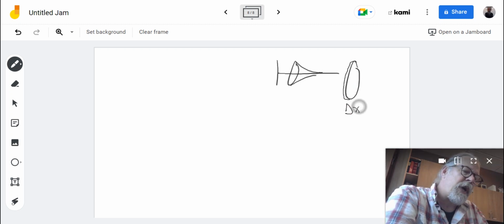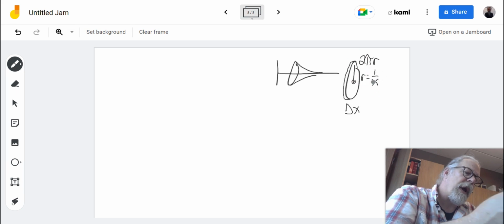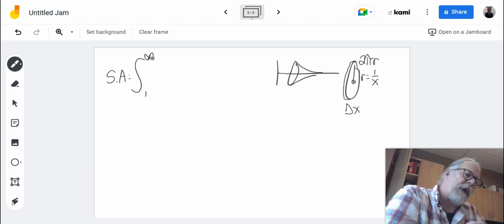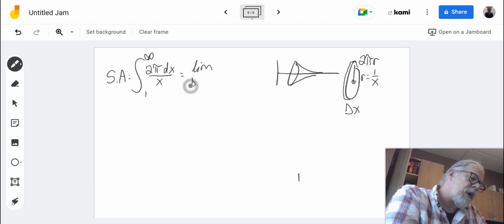I still have a change in x, but the surface area of this disk is 2 pi r, where r is equal to 1 over x, which means that the surface area is the integral from 1 to infinity of 2 pi dx over x. And when I change that to an improper integral, we go from 1 to b of 2 pi dx over x.